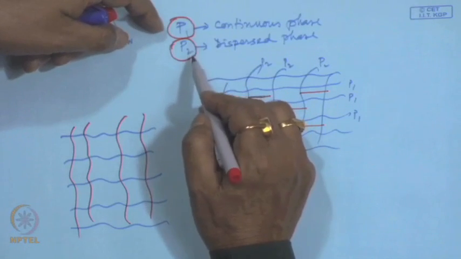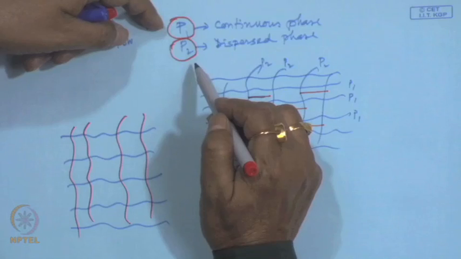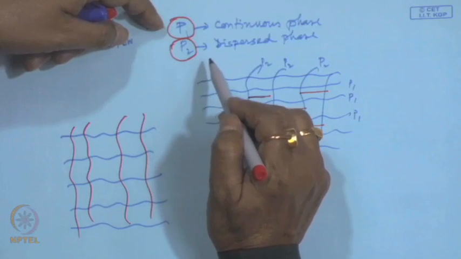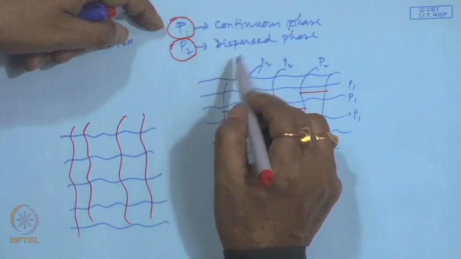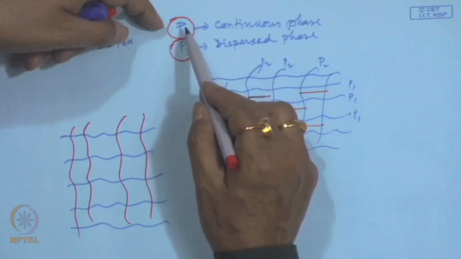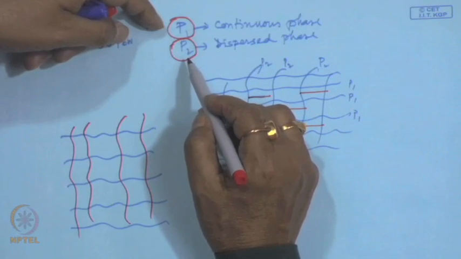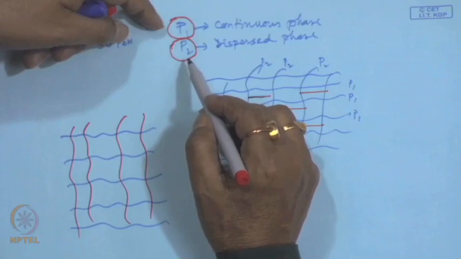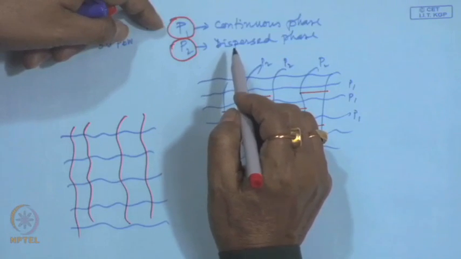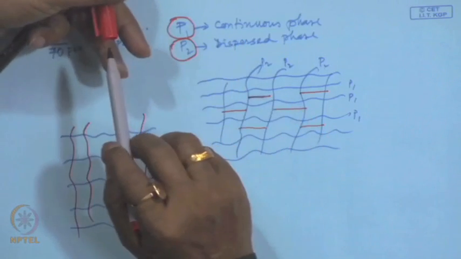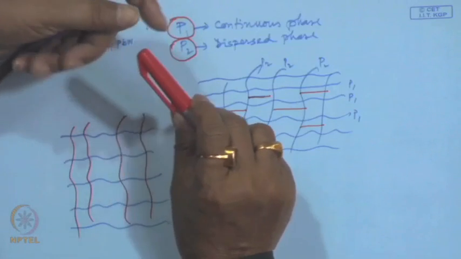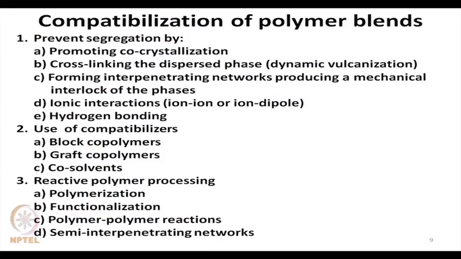That means, the ionic groups of P1 and P2 are not identical, they are different, but since they are ionic, say positive or negative ions, positive ions of P1 can interact with negative ions of P2. So, that is called ion-ion or ion-dipole interactions that can also stabilize the two different phases in a blend of two component polymers.